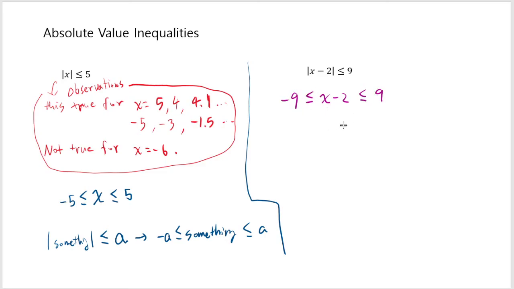And then you add 2 everywhere, which gives you -9 plus 2 is -7, and 9 plus 2 is 11. So that's the answer. And in interval notation, this would be -7 comma 11. Okay? So there are two ways to write the answer. Sometimes your homework or the question might ask you for this type of answer, or they might ask you for the interval notation answer. Okay.